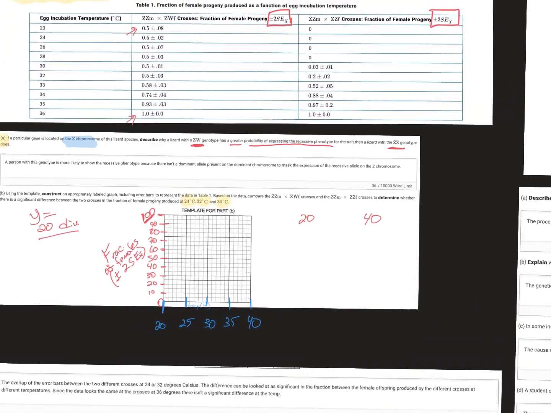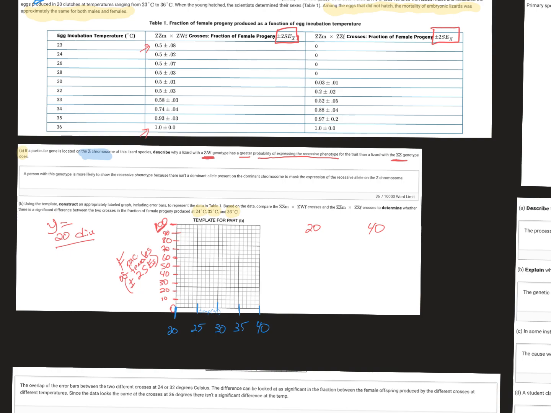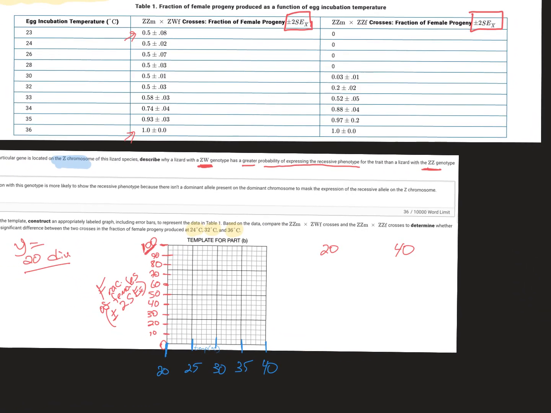So then I would go ahead and plot my points. I know I'm looking for 23, which is 21, 2, 3. So 23 is here, and that's going to be 50%. I'll use different colors, though obviously you're not going to be able to on an AP exam if they ask you to graph.